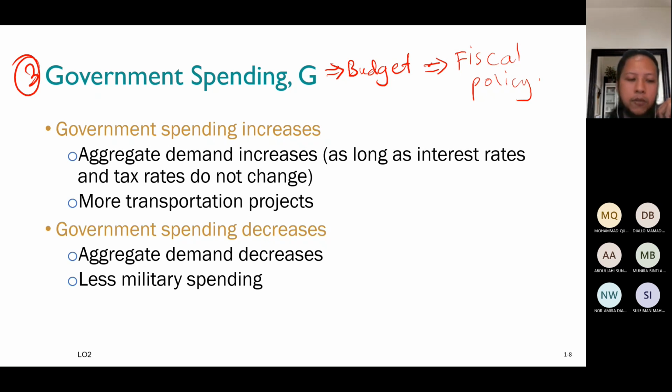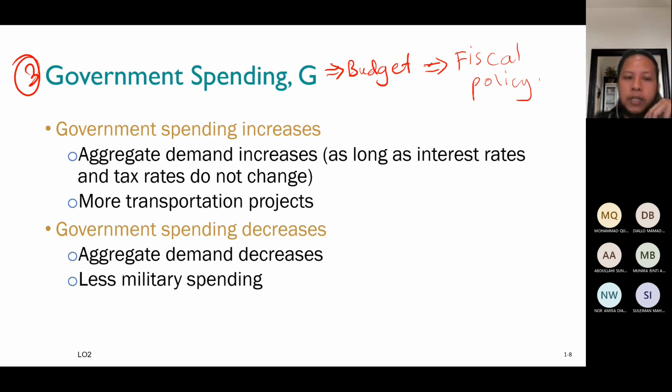So in Malaysia, we usually have what you call a supplementary budget. Okay, suddenly in the middle of the year, the government says, okay, we want to increase our spending. Okay, we've already tabled our budget in Parliament previously, but now we want to alter that budget, and we have a supplementary budget. Okay, so that increases the government spending.